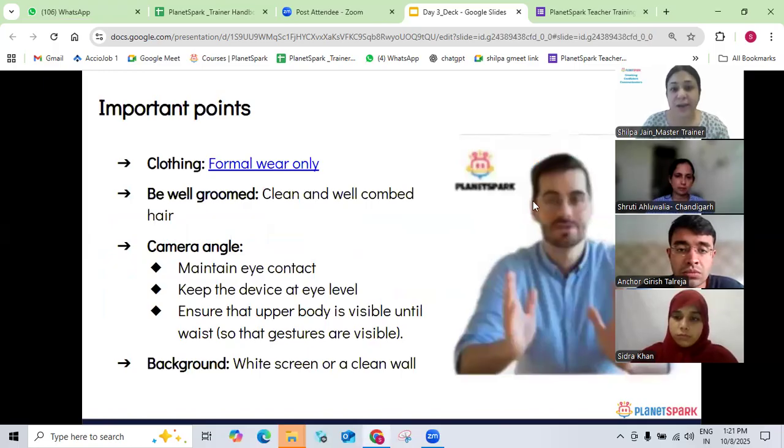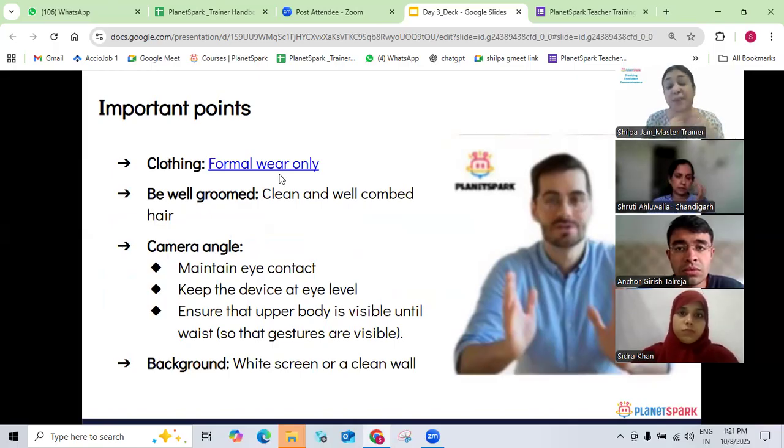Some important pointers, camera angle. I have been telling you guys since day one. During your mocks, please make sure that you have the right camera angle. Clothing, formal wear. Now, what does it mean, formal wear? Boys, a shirt, a polo neck t-shirt is fine. For girls, a kurti or again a polo neck t-shirt is fine.